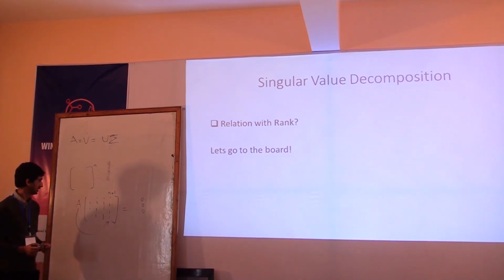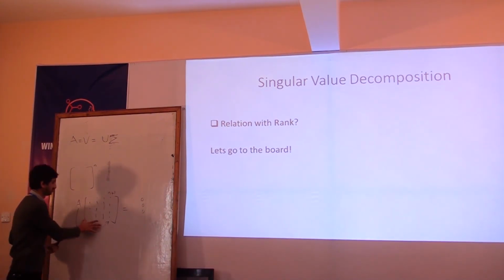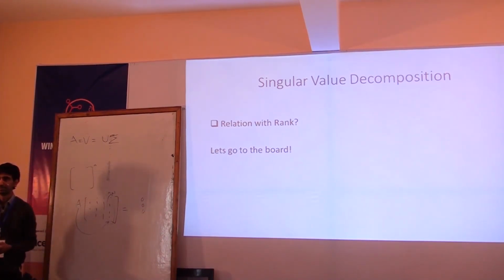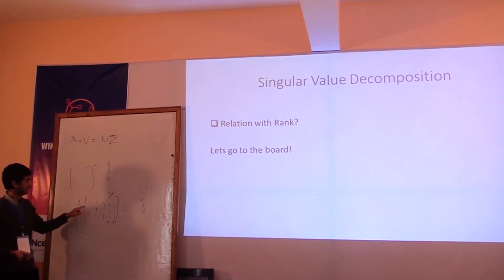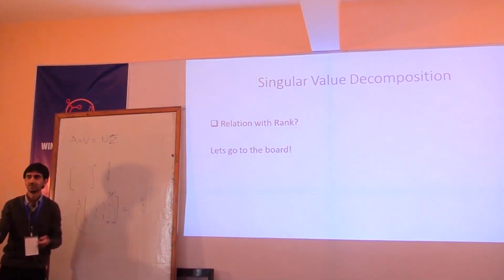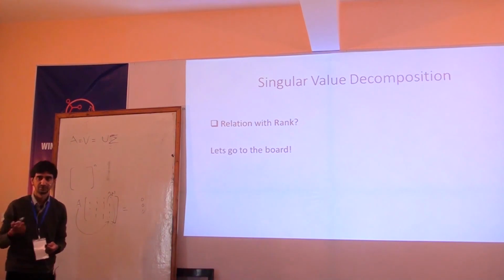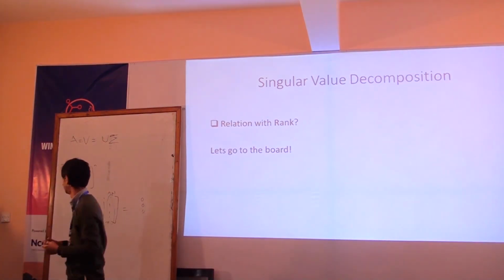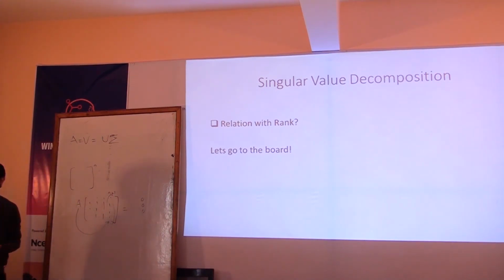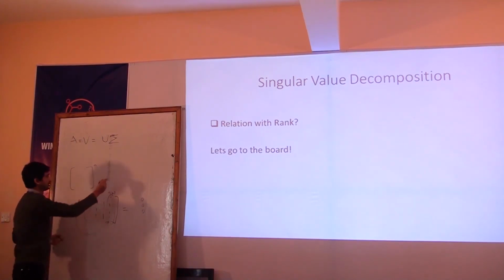So at the same time you are getting the kernel, because you have A times X equal to 0. That's the kernel of A. And by looking at sigma, seeing which of the vectors are being scaled to 0, you also get the rank of the matrix: the number of non-zero diagonal entries.